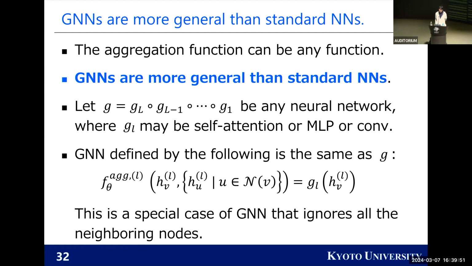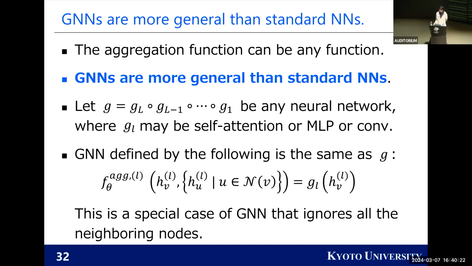Let's define the GNN as follows: F_l(h, x) is defined as ignoring the second argument and just applying GL to the first argument. It is easy to prove that this GNN defined by this equation can output exactly the same as the neural network at hand, G.